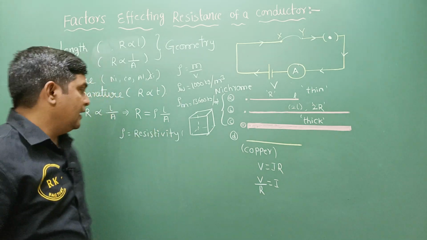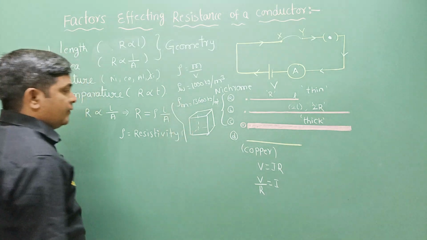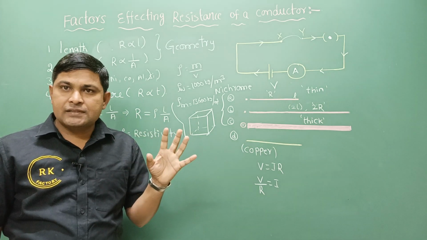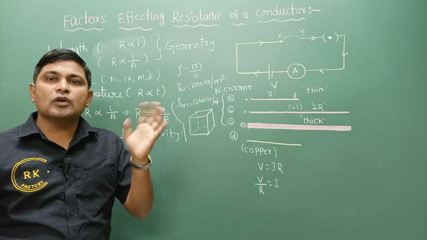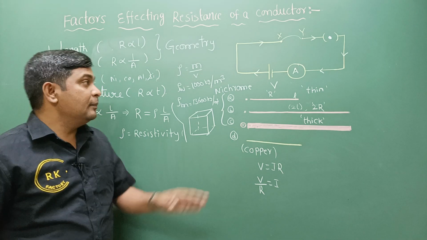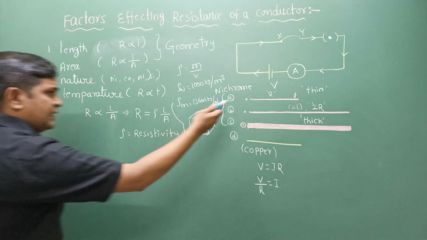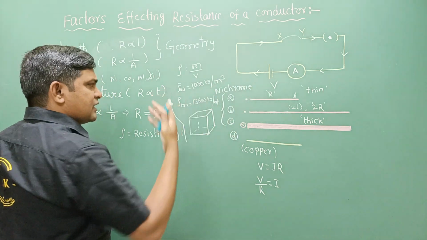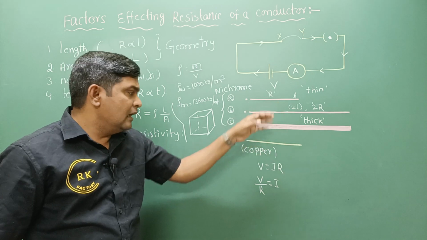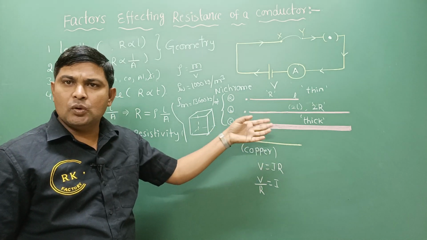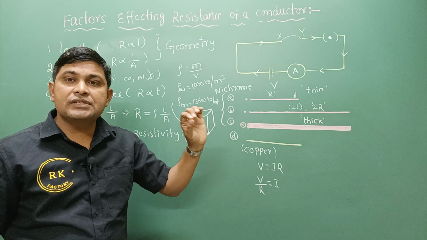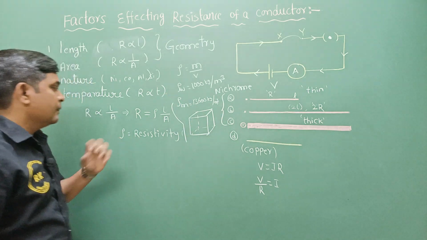No. Like that, resistivity is a very special property of a substance, to prove that the material, irrespective of its size and shape, has a constant resistivity, whereas resistance depends on all these factors, either length or area, even for the same material. Nichrome with the same length L, then 2L, or area doubled: the material is the same, nichrome, but the current changes, meaning the resistance changes. But what does not change in all these characteristics is the resistivity.